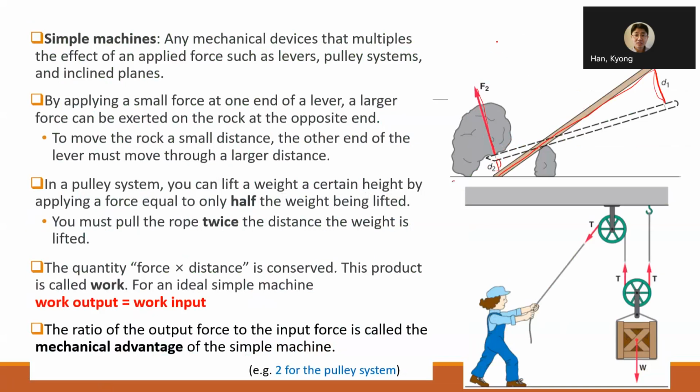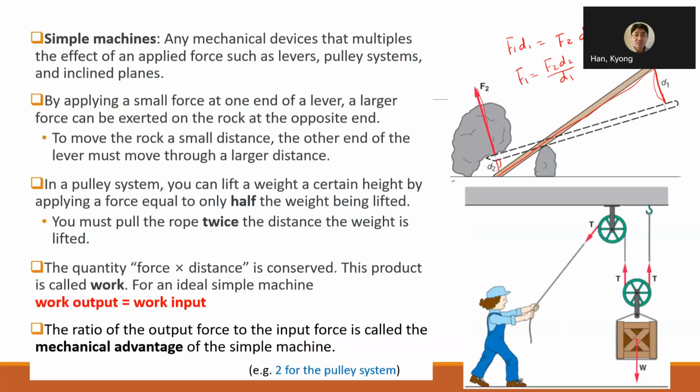In this case, F1 D1 equals F2 D2. So F2 will be F1 times D1 over D2, and F1, the force that I apply, will be F2 D2 over D1.